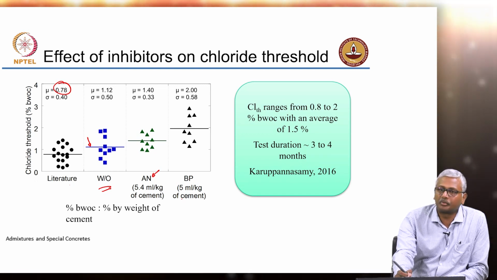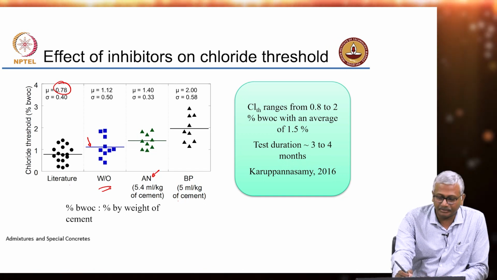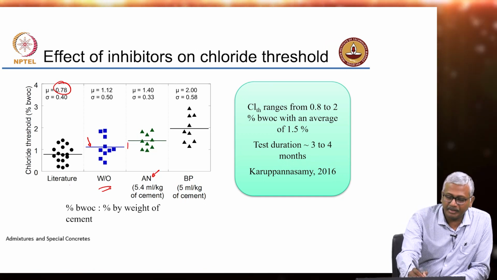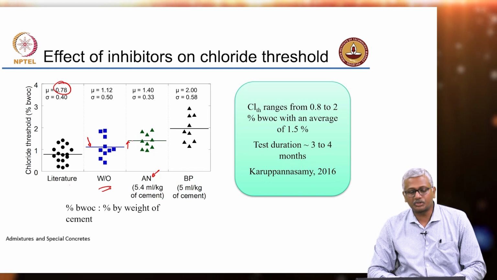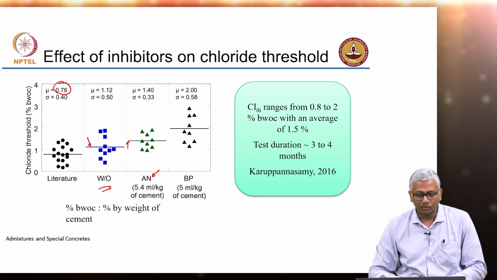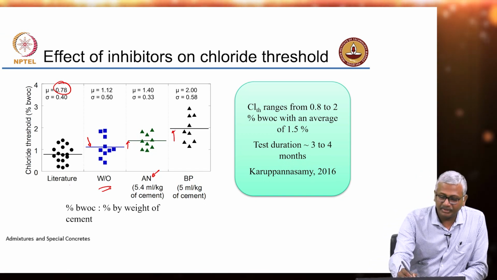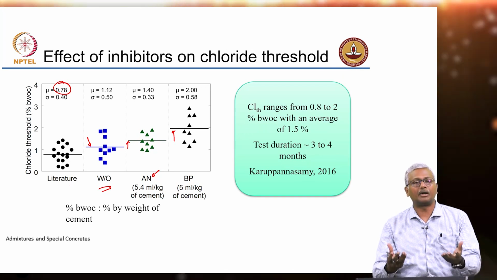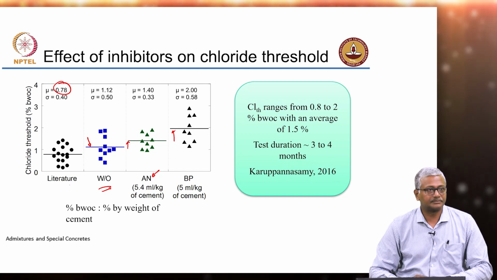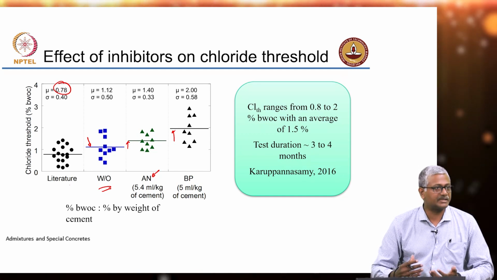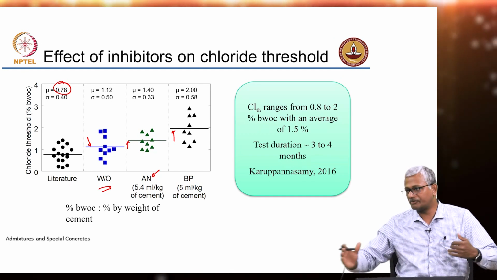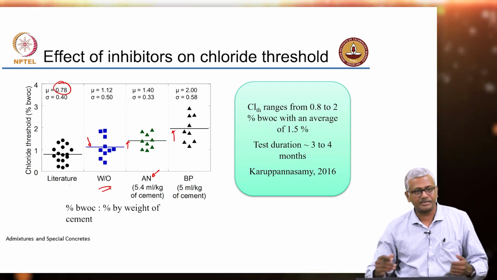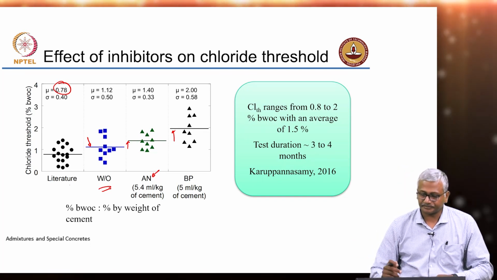So, 0.54%, not really very high in this case. Okay. So, at this level they were able to bring up the average chloride threshold value to 1.4. The bipolar inhibitor further took it up to 2. That means you need more chloride now to cause corrosion. Obviously, that means your initiation phase is going to get extended when you use these corrosion inhibitors.